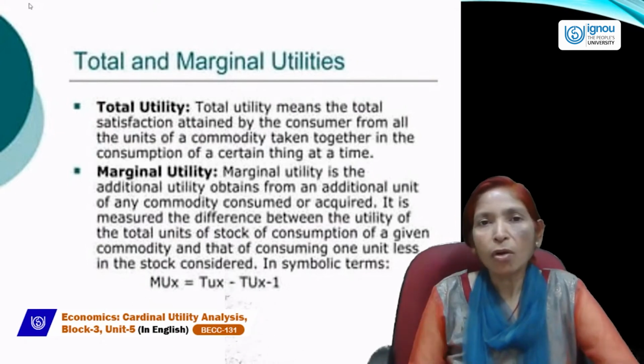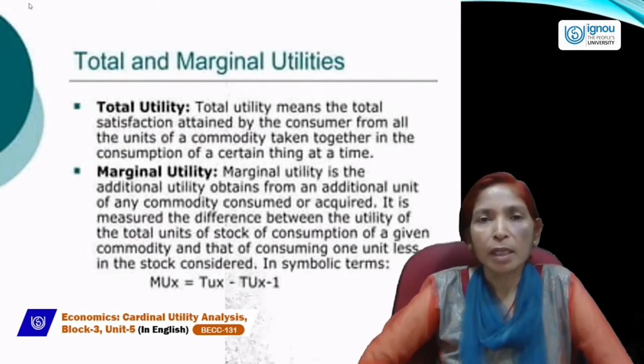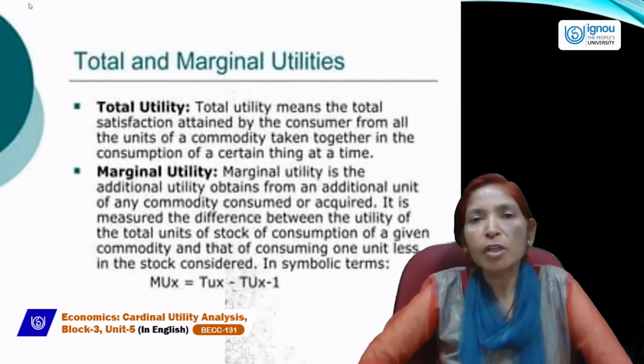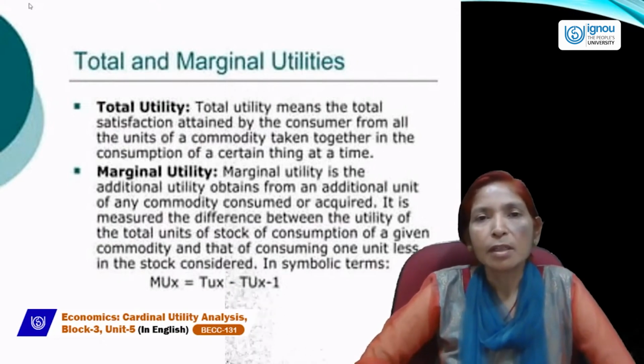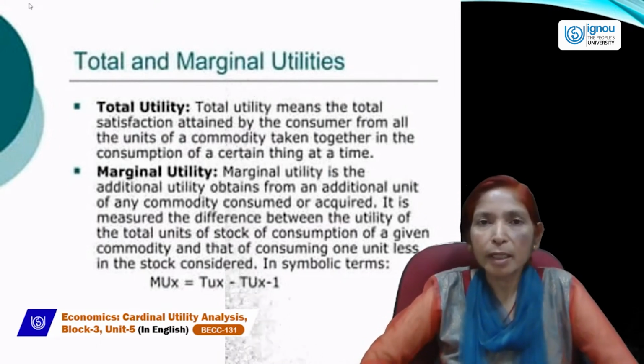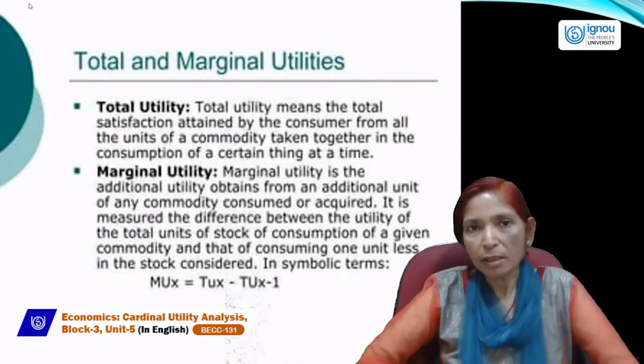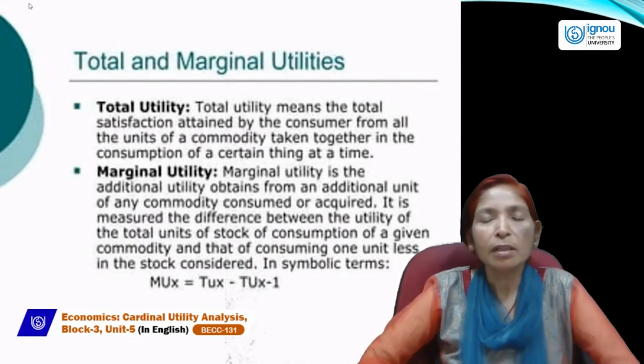If we add all these, that is called total utility. So total utility is the summation of the satisfaction which we derive from the consumption of that particular commodity. We can add all these satisfactions and get total utility.